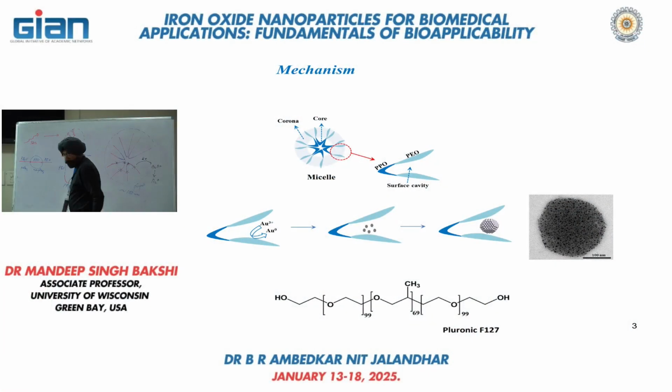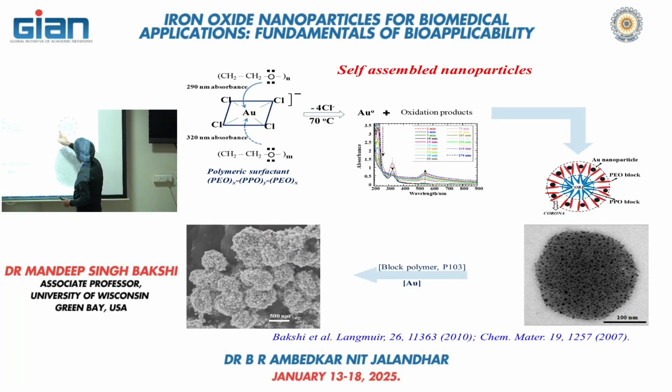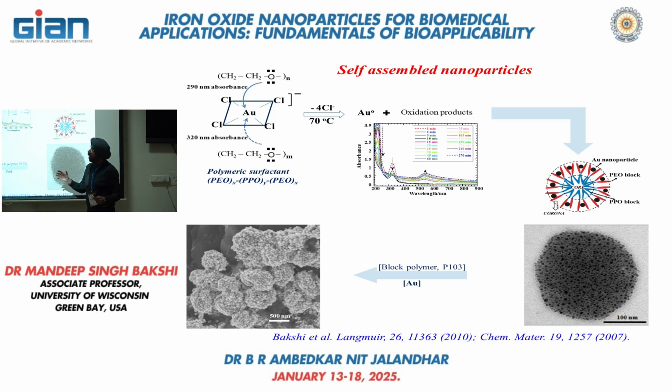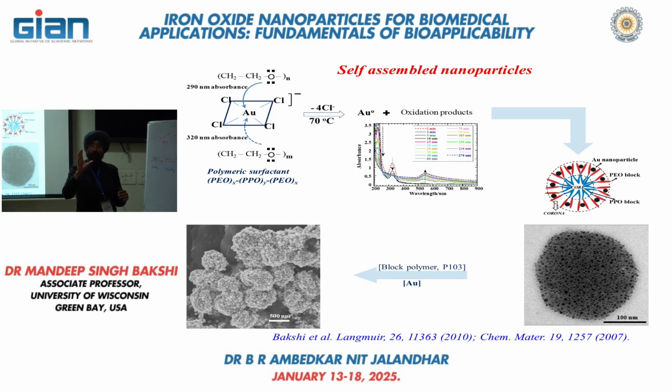Yeah. So this is the micelle which I have shown over here, right? So in this micelle, again, the way we explain the conventional micelle is having the core and the stern layer, the peripheral.